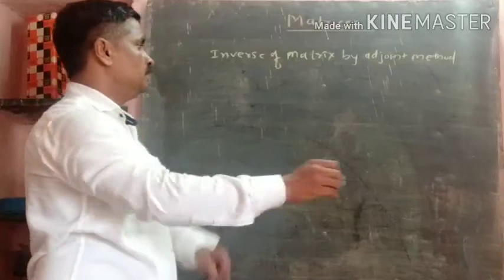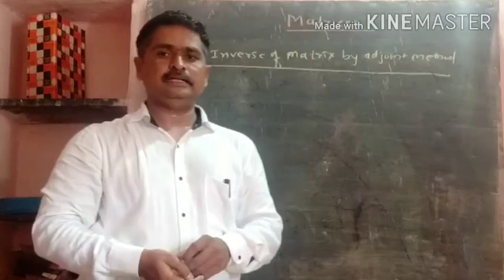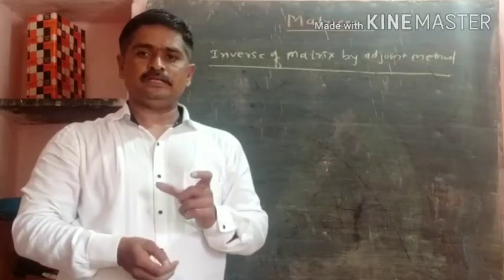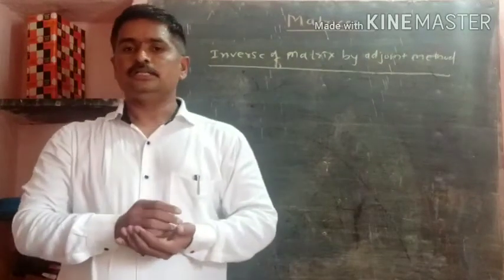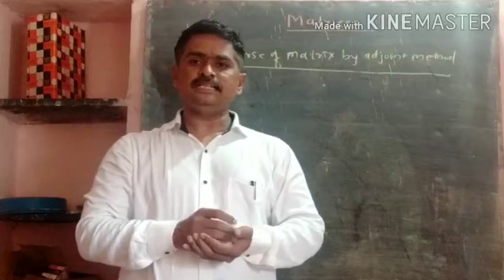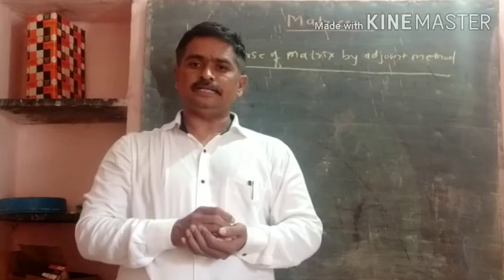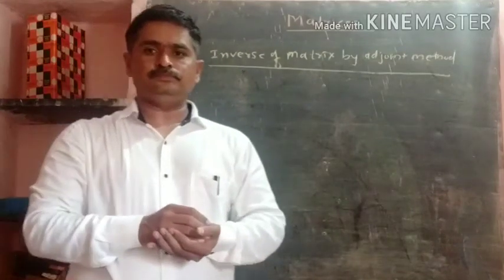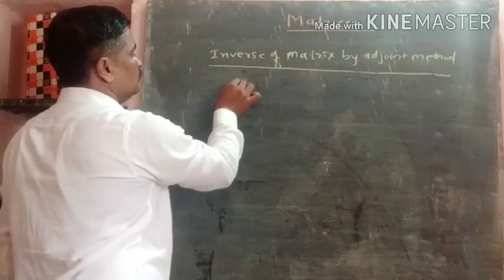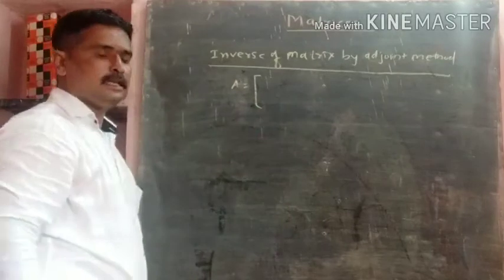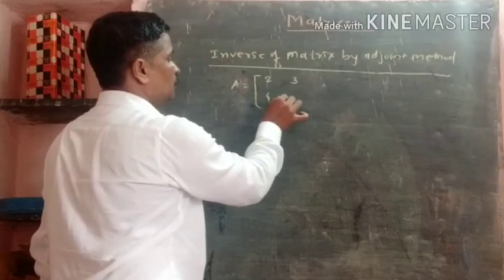It is a very simple method and very fast we can calculate the inverse of a matrix by using the adjoint method. So consider any example and we want to find the inverse of the matrix. So consider A as the given matrix, A, that is 2, 3, 4, 1.